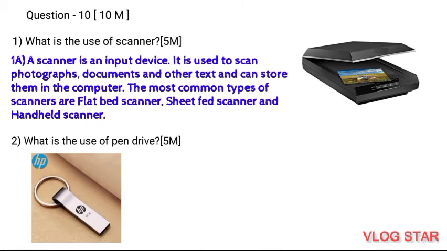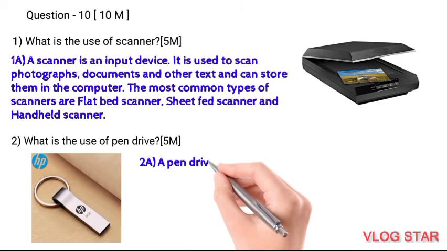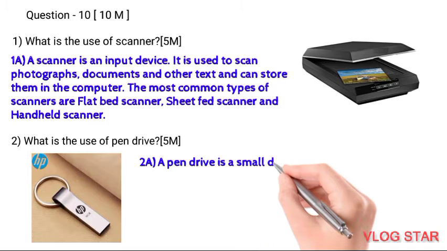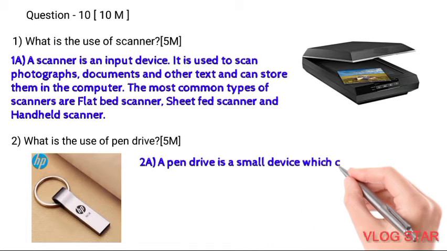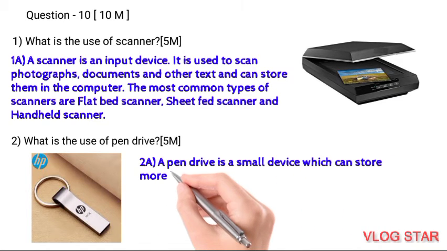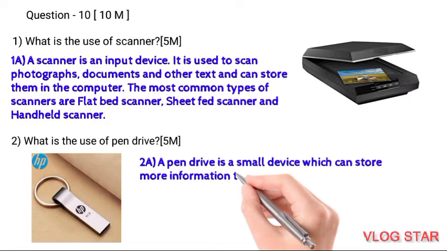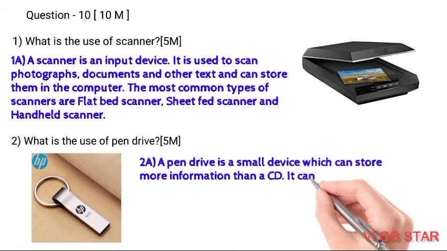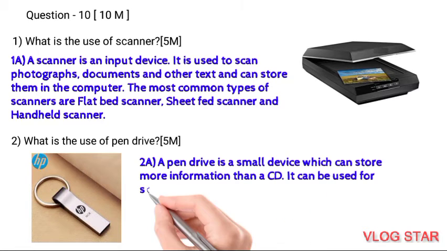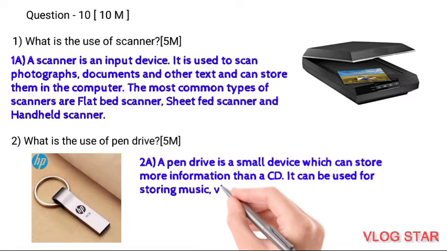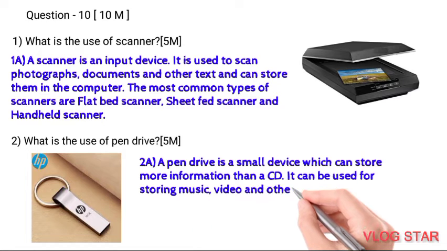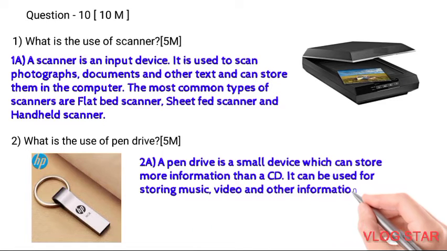Number 2. What is use of pen drive? It consists of 5 marks. The uses of pen drive are, a pen drive is a small device which can store more information than a CD. It can be used for storing music, videos and other information.